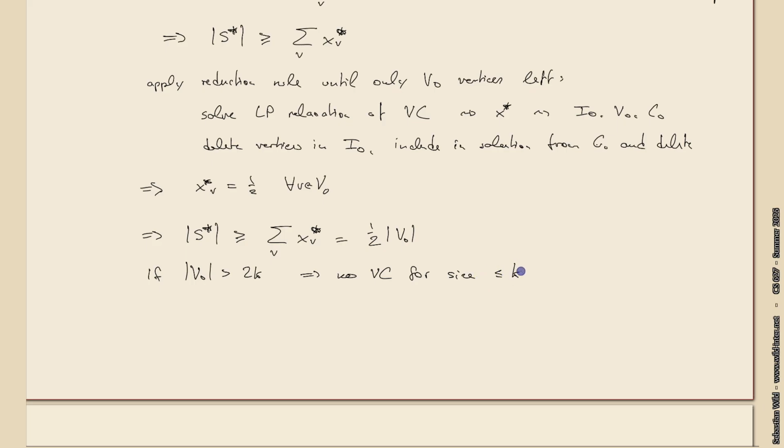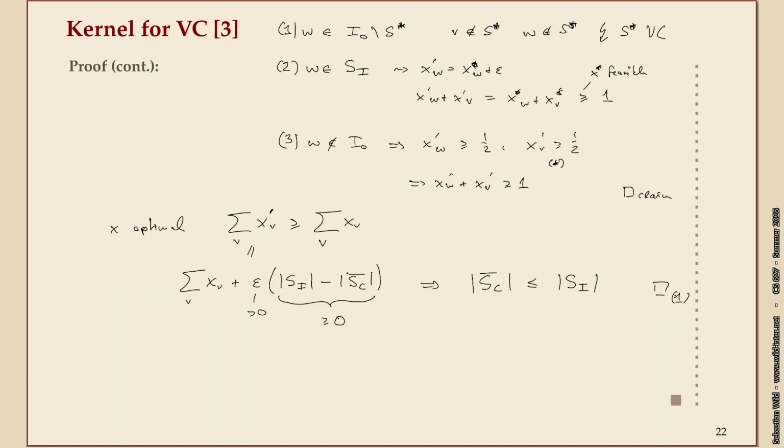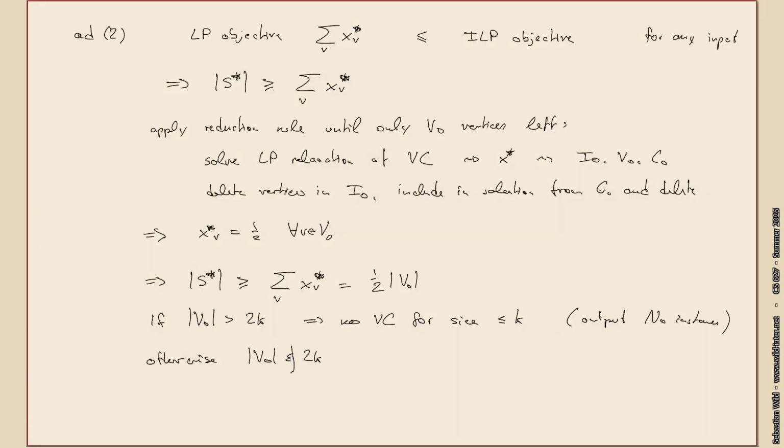Okay, then we can, in terms of a kernelization, output a no instance. And in the other case, it means we don't have a lot of vertices. And so we get a bound on the number of vertices in the kernel.